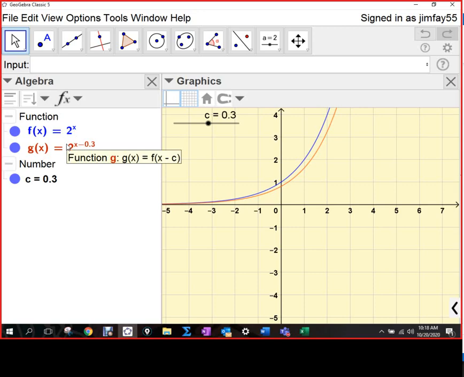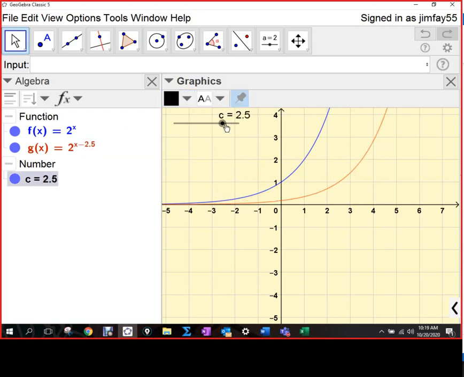Here it doesn't necessarily do that, but it puts it in the exponent, okay? By order of operations, if you chose an x value, let's say 3, you would take 3 minus 0.3, evaluate that first, and then raise 2 to that number. So you do an adjustment to x before raising 2 to that power. That is still a left or right movement.